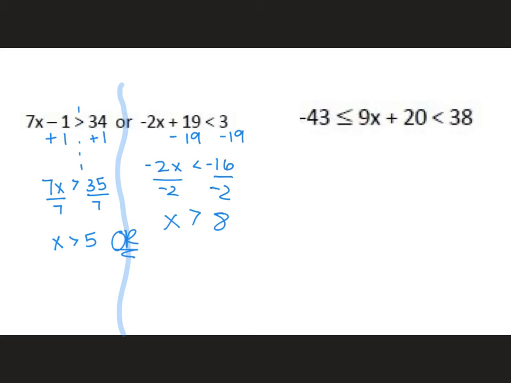OR problem is because when we go to graph these, they actually are going to run together. Or they're going to overlap. They're not going to be together. It is still one or the other. So we've got x is greater than 5 or x is greater than 8.